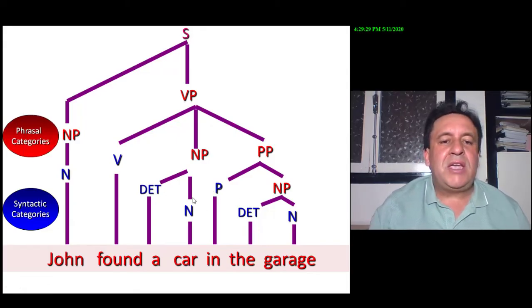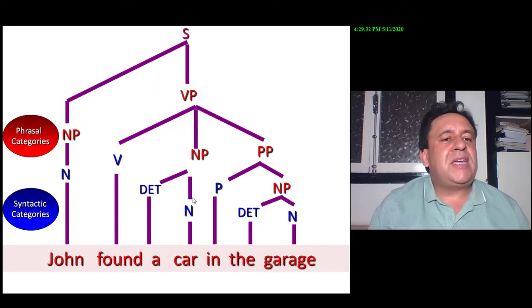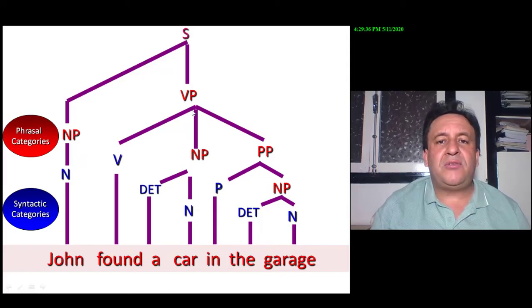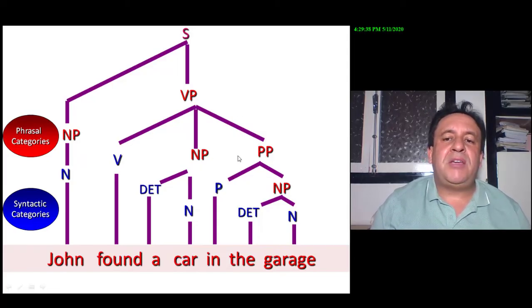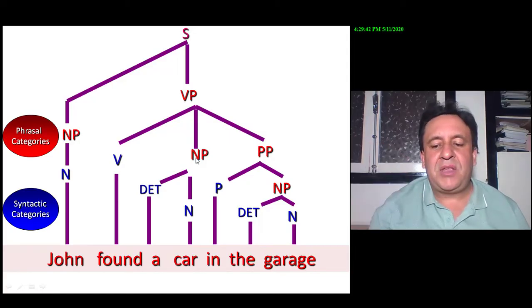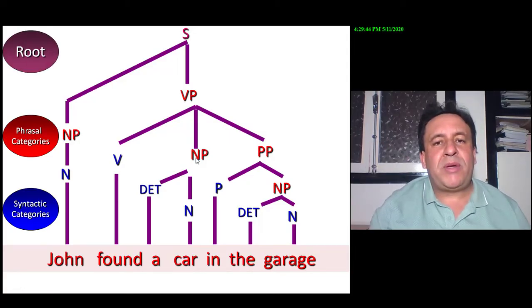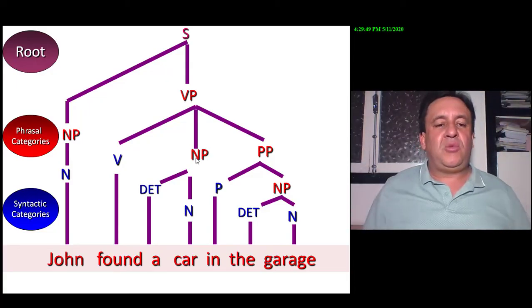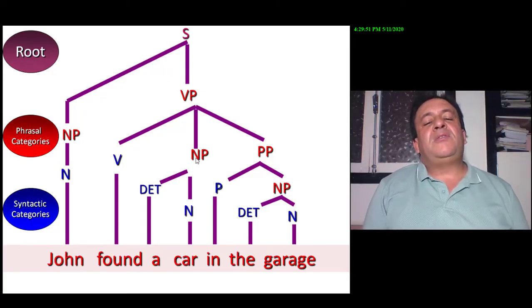That's the first level in a tree diagram. When we say phrasal categories, we mean the phrases such as the noun phrase, the verb phrase, the NP, the PP, and so on. That's the phrasal level. By the root, we mean the sentence itself. So the root is one because the sentence is one. So that's it then.